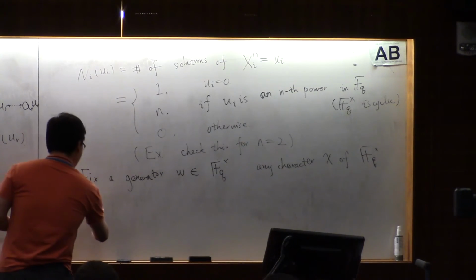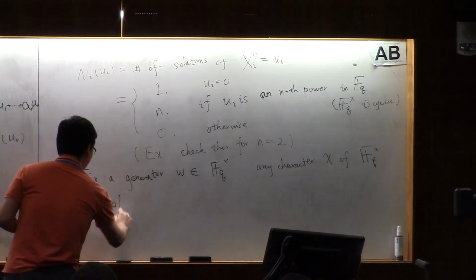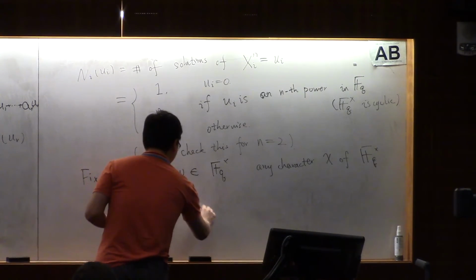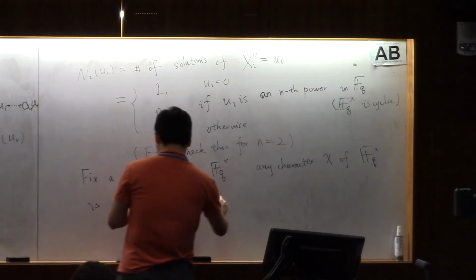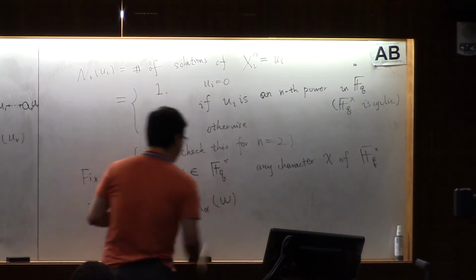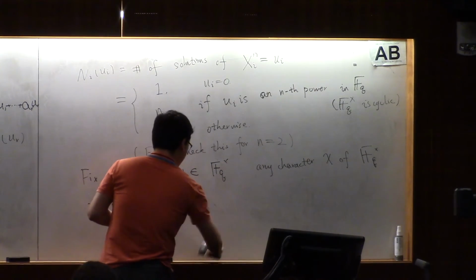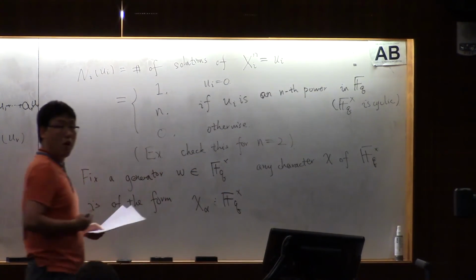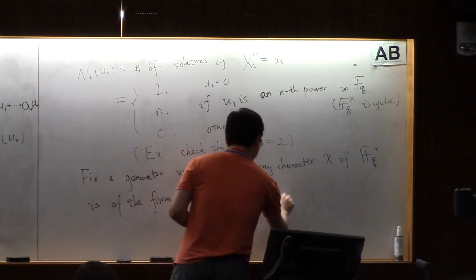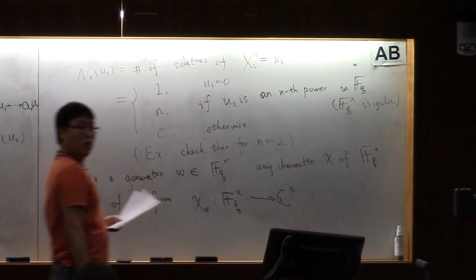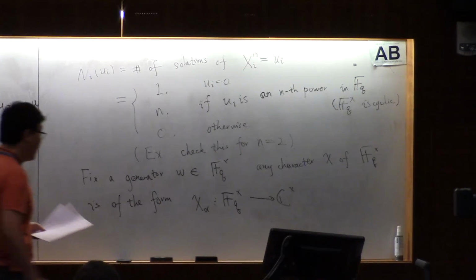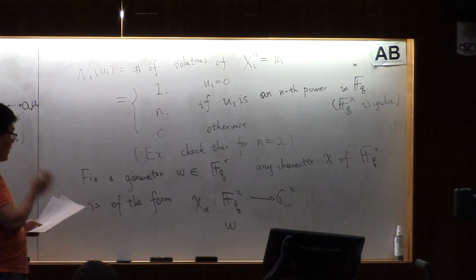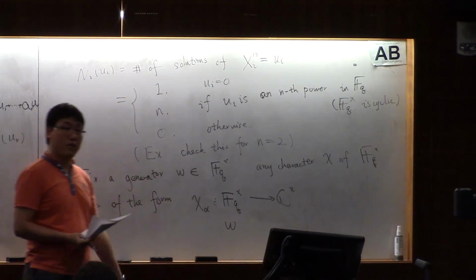So we know that it should be of the form chi_alpha. This chi_alpha is a character, a homomorphism from this multiplicative group to C cross, and such a character is uniquely determined by its value on a fixed generator.